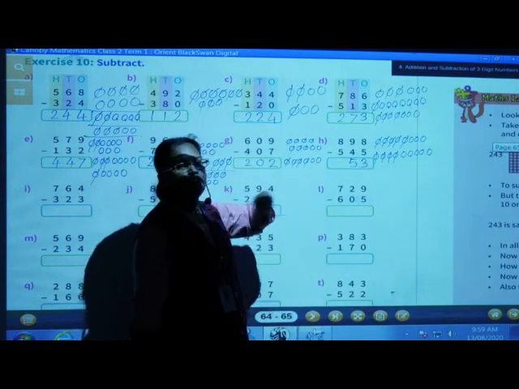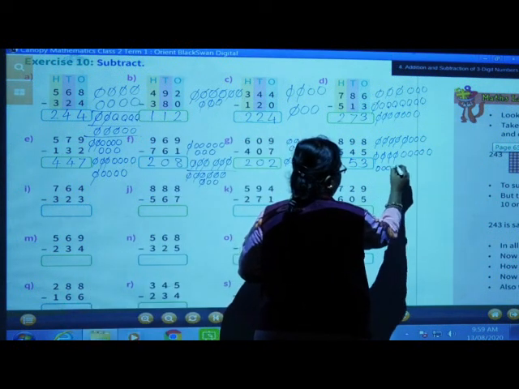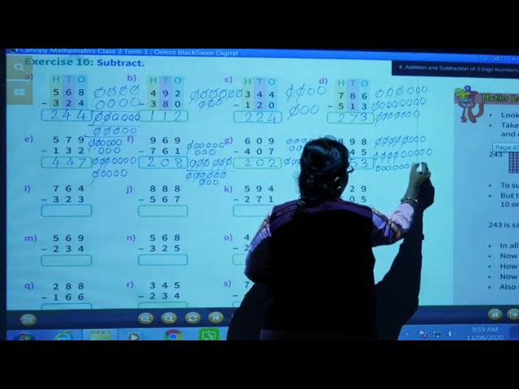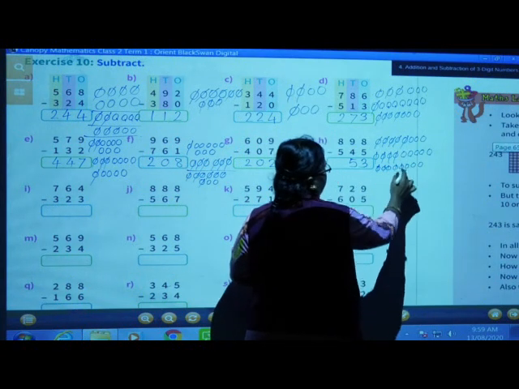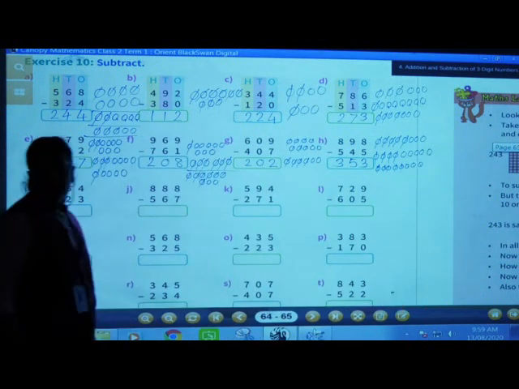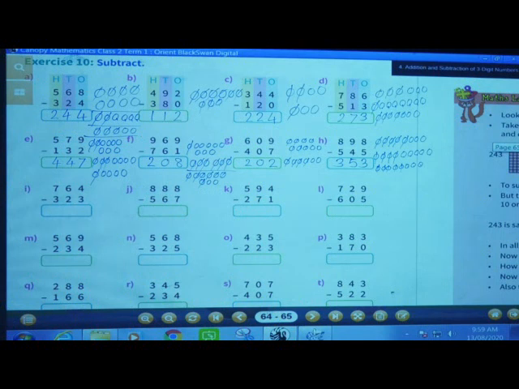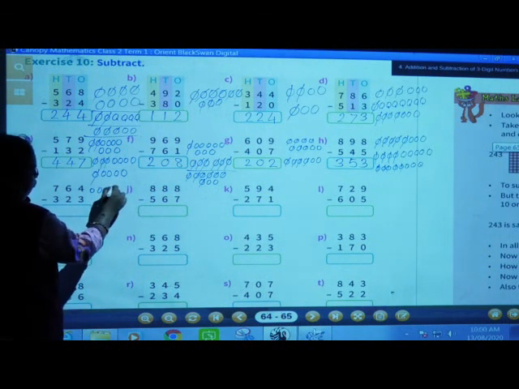Then 8 minus 5. 1, 2, 3, 4, 5, 6, 7, 8. Cut 5. 3 remain. Write this down. Then 4 minus 3. 1, 2, 3, 4.